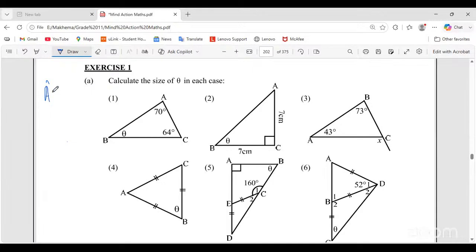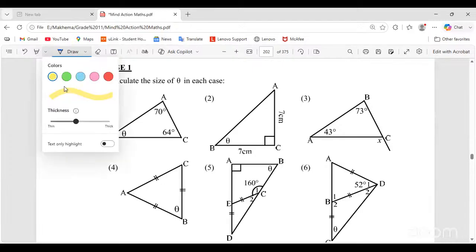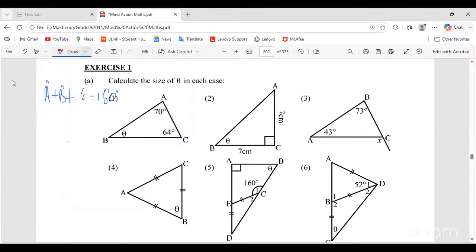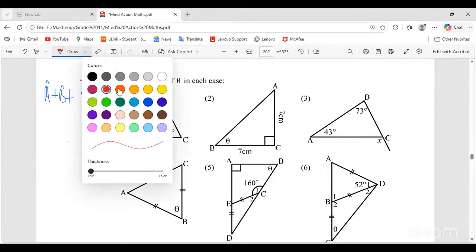So angle A plus angle B plus angle C is equal to 180 degrees. This is the statement. If it was a question of 3 marks, you now already have a mark here.